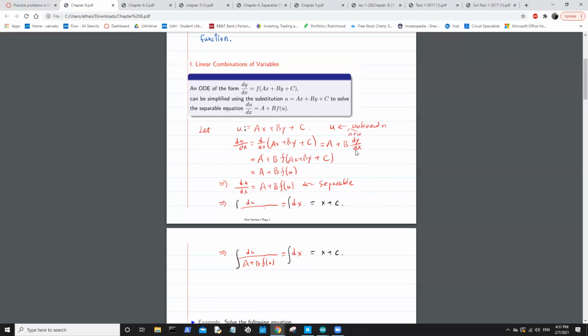So then what we do is take dy dx, which is the original equation, and plug it into our new du dx equation where dy dx was.